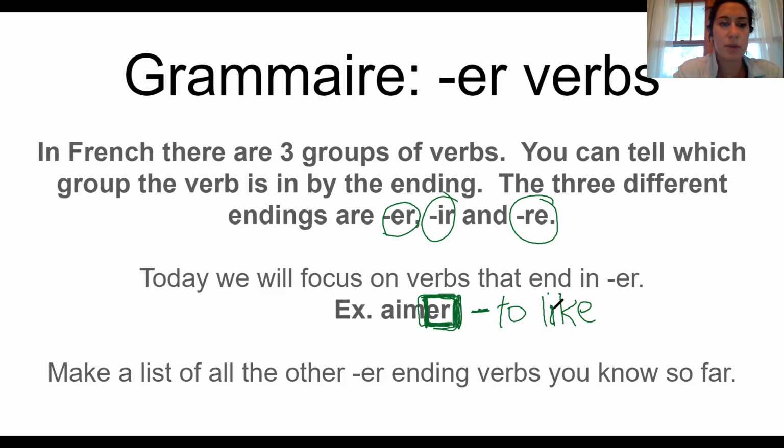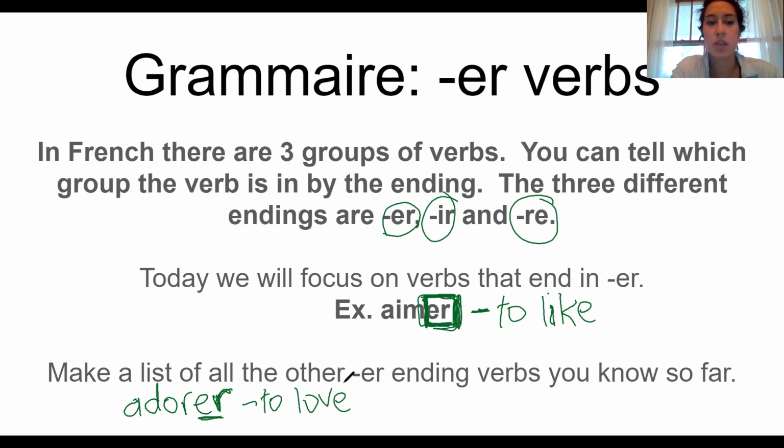One other verb that we know is adorer, adore. So j'adore, adorer ends in ER. To love, j'adore, adorer. Another one that we know is jouer.